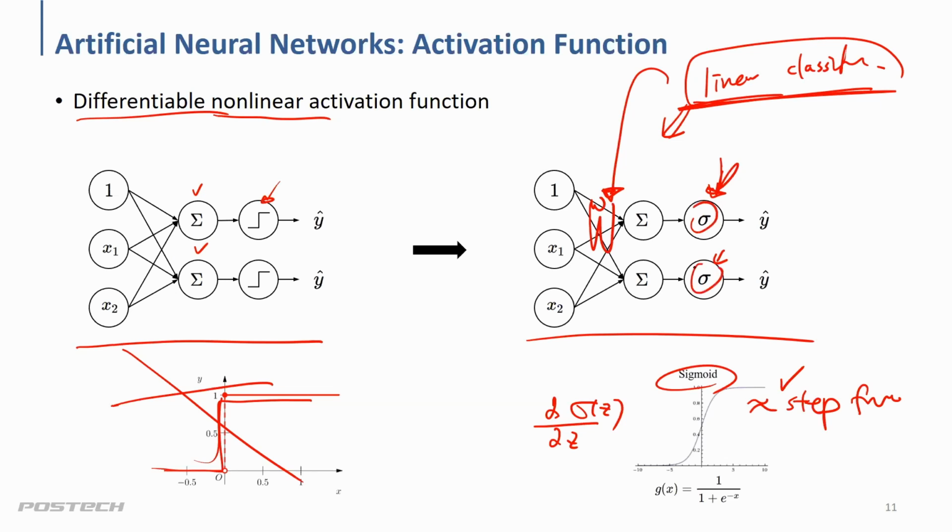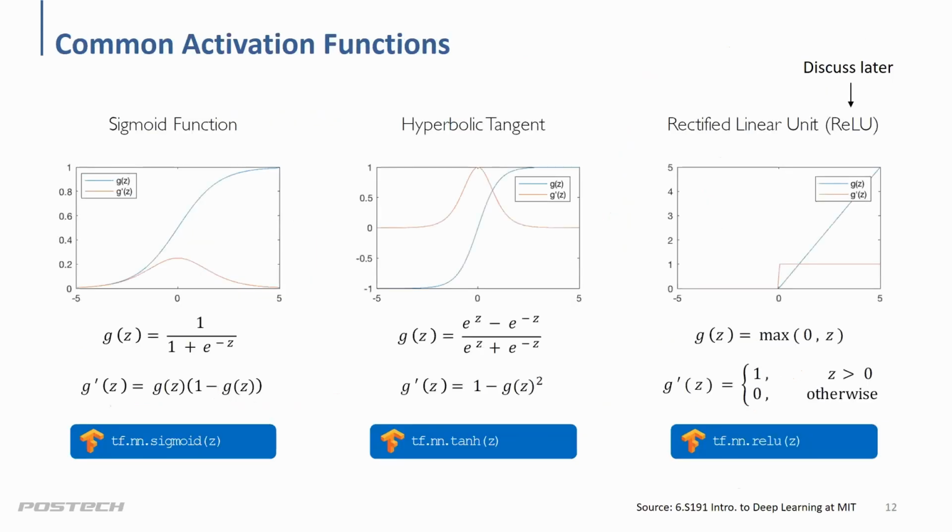Again, in a multi-layer perceptron, we have nonlinear activation functions in it, but it's still a linear classifier. That's what I want to emphasize.